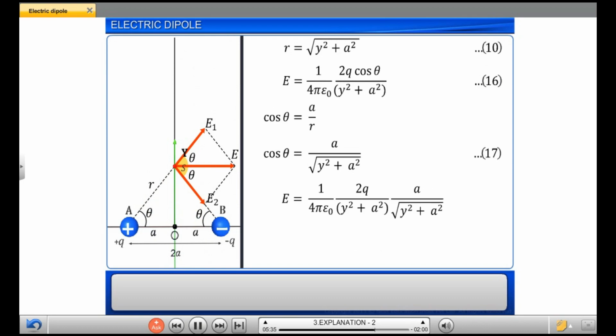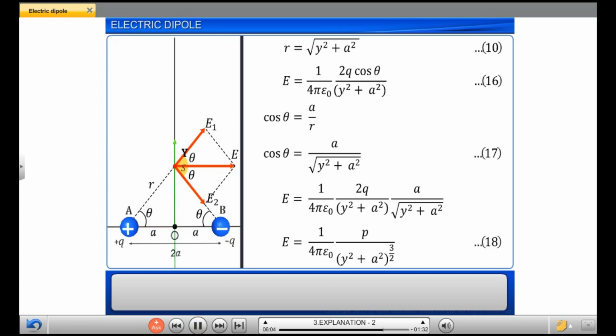Substituting equation 17 in equation 16 and simplifying, we get the equation for the magnitude of the resultant electric field strength E at point S. Since the dipole moment P is equal to 2aq, we get E is equal to 1 by 4 pi epsilon naught into P by (y square plus a square) whole power 3 by 2. Let this be equation 18.